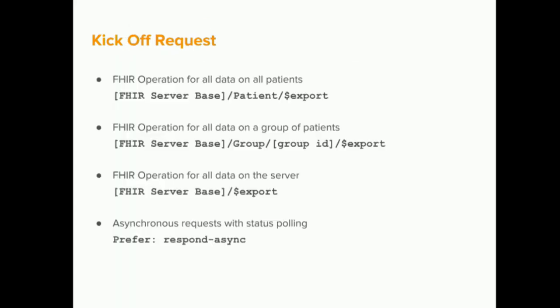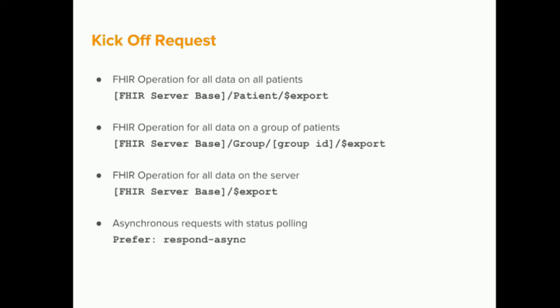So it starts with a kickoff request, which is a FHIR operation request from this client. And when I say client, it's the client of the bulk data server, but it's probably a server in its own right, or a job that runs on a server. And so we define three initial operations for the $export operation. The first is all data on all patients.